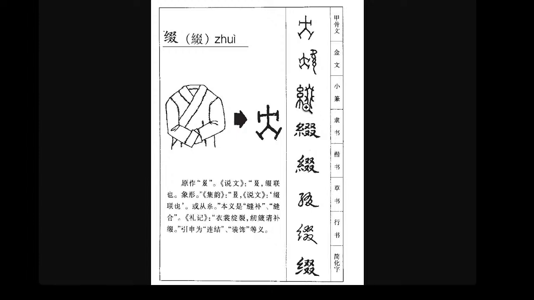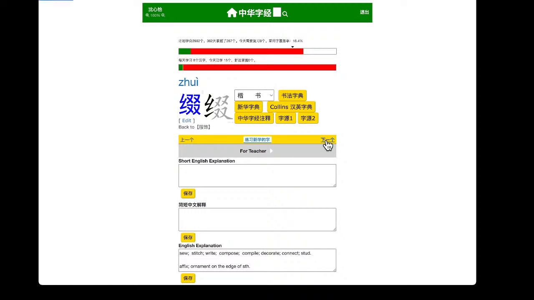They have a silk radical on one part, and the other side shows a piece of cloth with many smaller pieces stuck together, stitched together. Later on they changed the form. 坠.